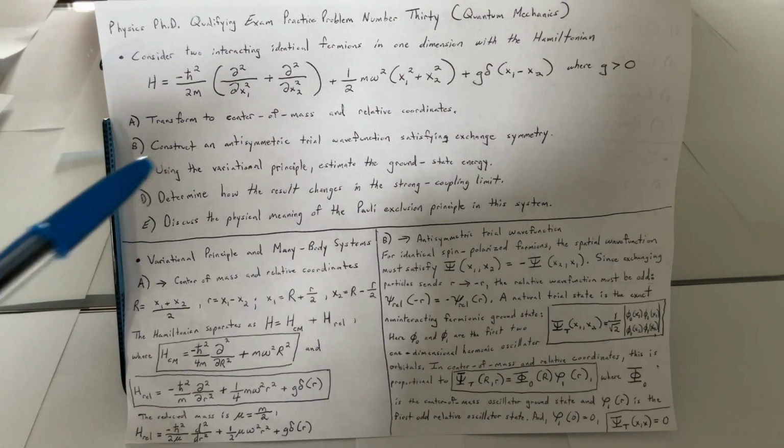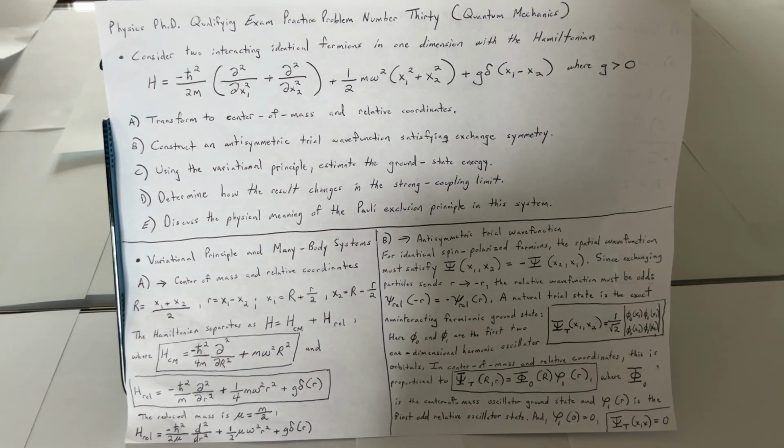Okay, part B, construct an antisymmetric trial wave function satisfying exchange symmetry. So here, antisymmetric trial wave function. For identical spin polarized fermions, the spatial wave function must satisfy that capital psi of x1, x2 equals negative capital psi of x2, x1.